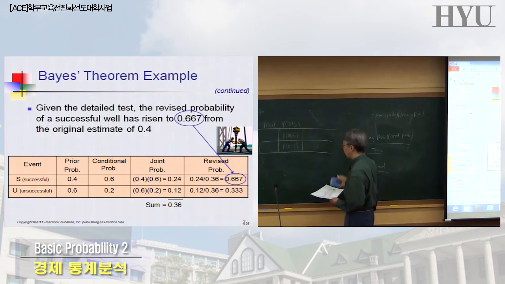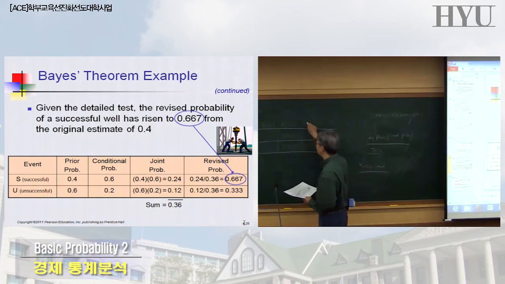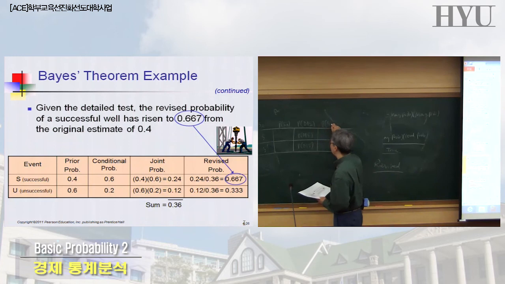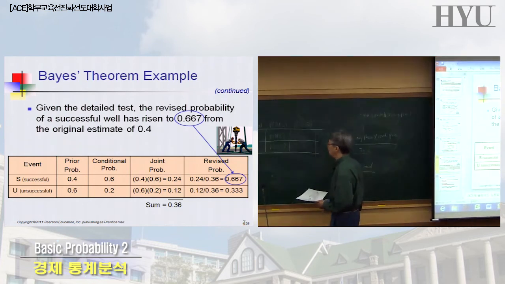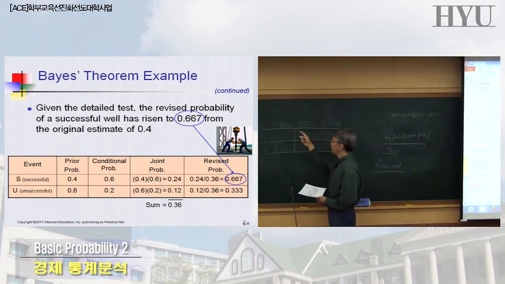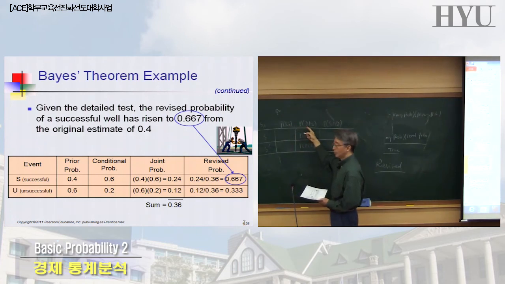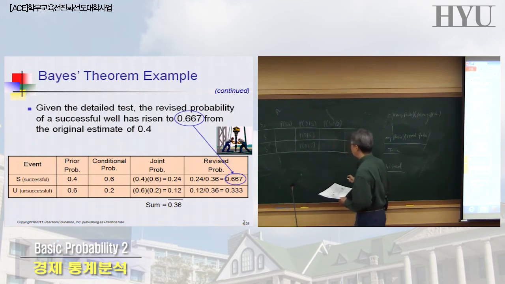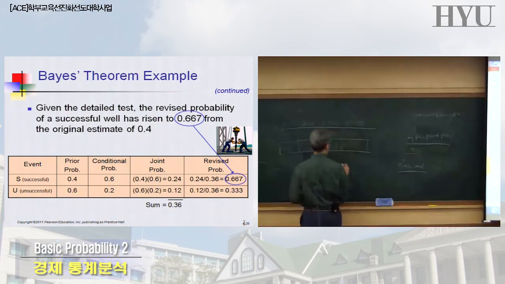And then the next column would be joint probability, probability of S_i joint D. And joint probability, as you know, is simply the marginal probability times conditional probability. Remember, this condition is S_i, and these are the probabilities for S_i. So you can just simply multiply. And then you have to do one more thing here.